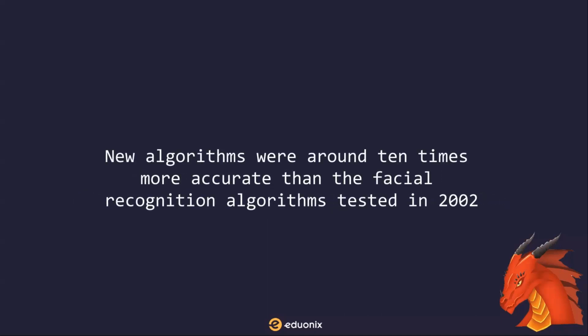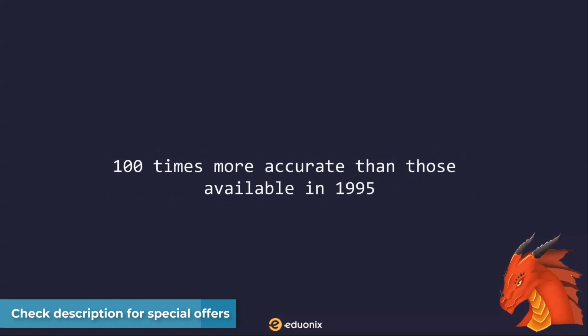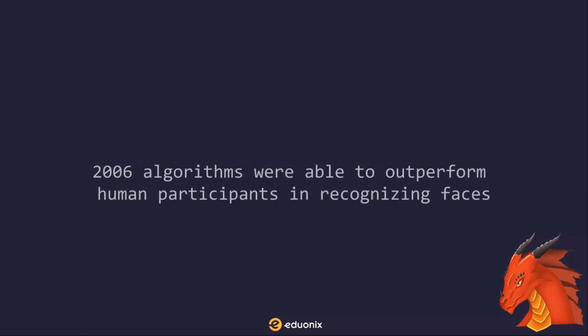Test findings suggested that the new algorithms were around 10 times more accurate than the facial recognition algorithms tested in 2002, and around 100 times more accurate than those available in 1995. Some of these 2006 algorithms were able to outperform human participants in recognizing faces and also could uniquely identify faces of identical twins.